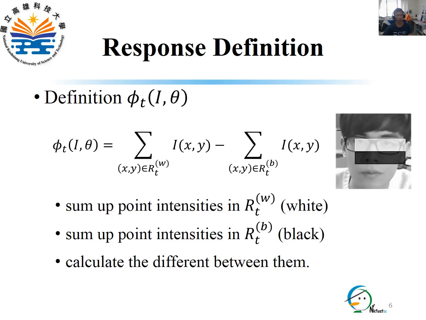There are three steps to compute φ_t(I, θ). Firstly, sum up pixel intensities in white rectangles, and then sum up pixel intensities in black rectangles. Finally, calculate the difference between these two terms.